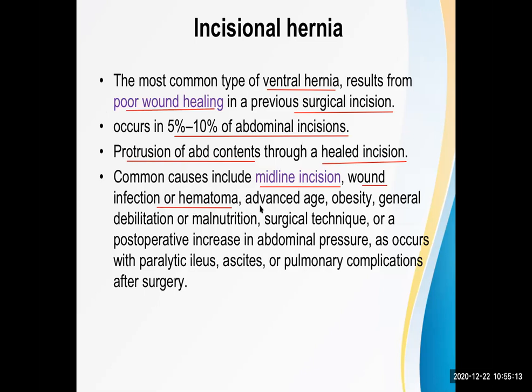Other causes are advanced age, obesity, being generally debilitated or malnourished, poor surgical technique, or a post-operative increase in abdominal pressure like in paralytic ileus, ascites, or pulmonary complications after surgery. In all of these, the intra-abdominal pressure is high, which will lead to herniation later on.